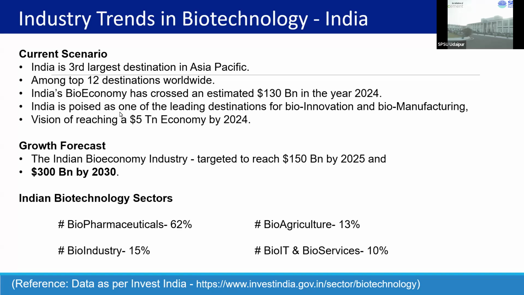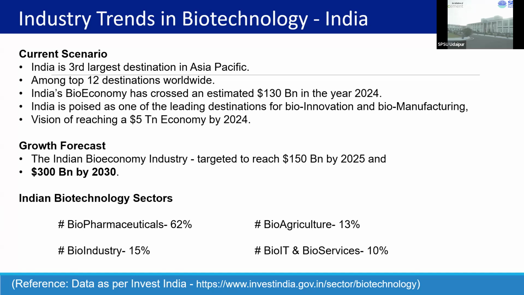Now India is the third largest destination for biotechnology across Asia Pacific, and simultaneously there is an increase in bioeconomy. It is proposed that by 2030 the growth would be around $300 billion, which is quite high. So biotechnology has got a very fast pace of growth in recent years.